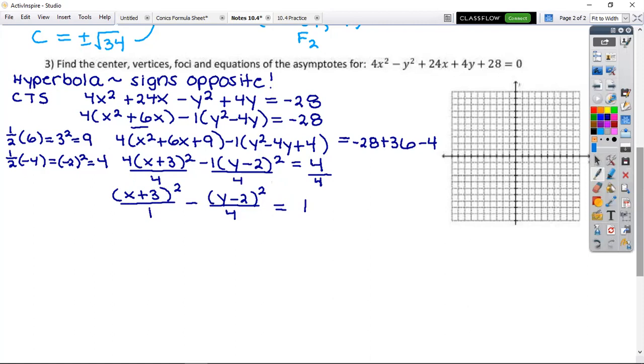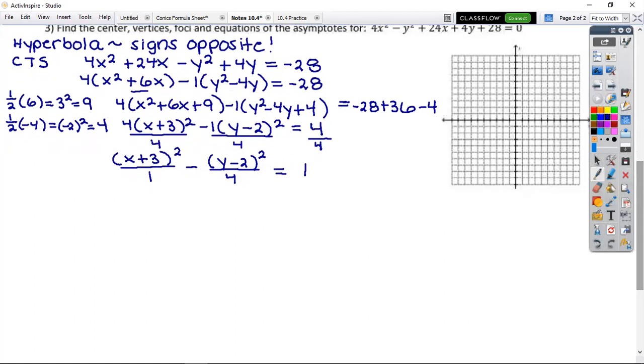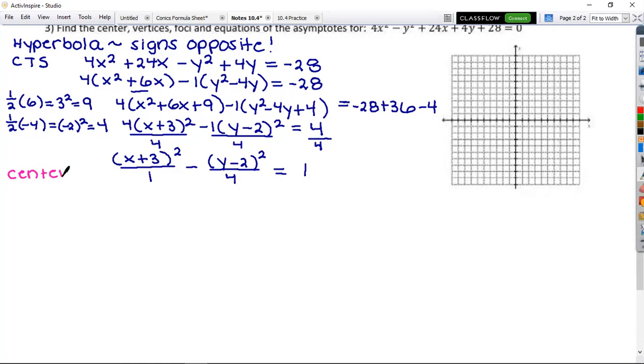Okay, so let's pull all the important information from this and start getting your vertices, foci, asymptotes. First thing I can immediately state is that my center is going to be located at negative 3 and 2. So negative 3, 2. That's here. Next, I can label that here's my a squared. Here's my b squared.